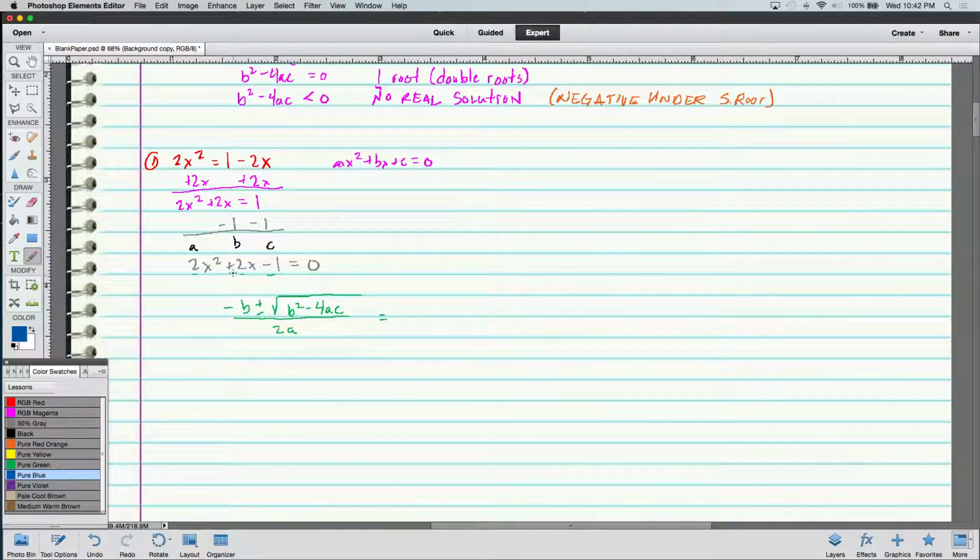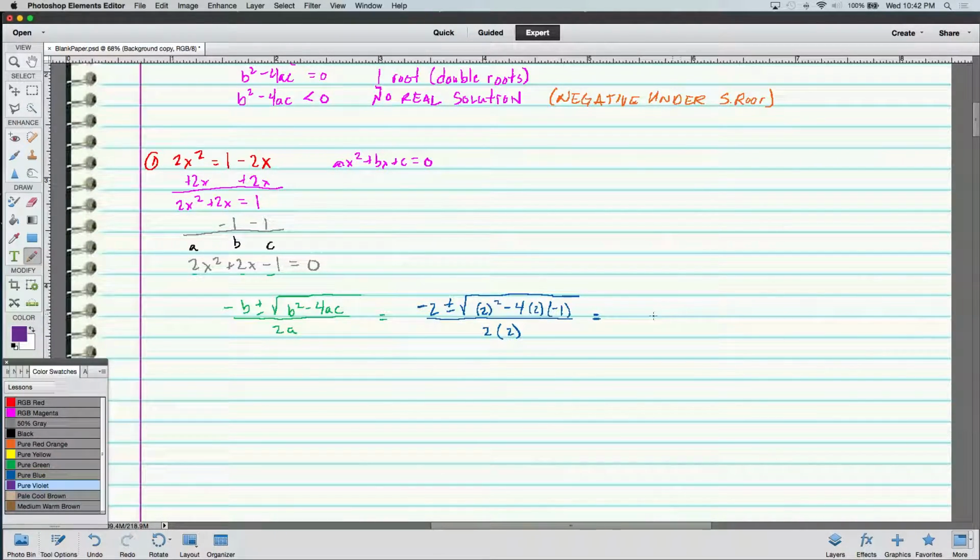So negative b is negative 2, plus or minus the square root of b squared, which is 2 squared, minus 4 times a, which is 2, times c, which is negative 1, all divided by 2 times our a, which is 2, and then just simplify.